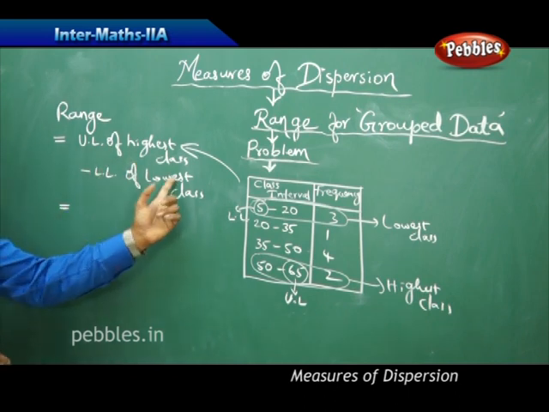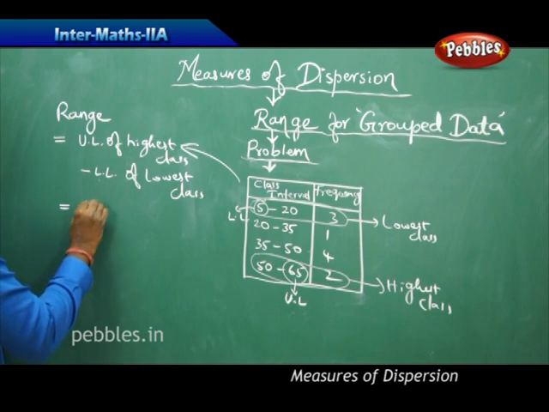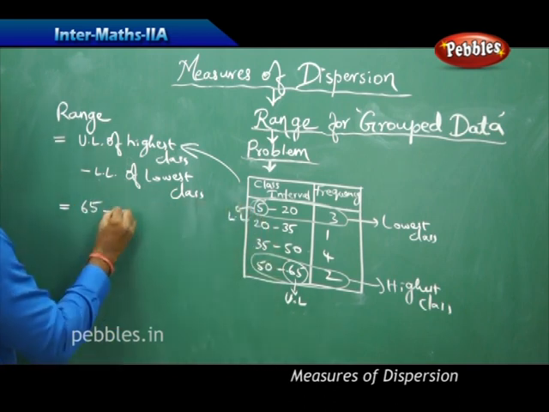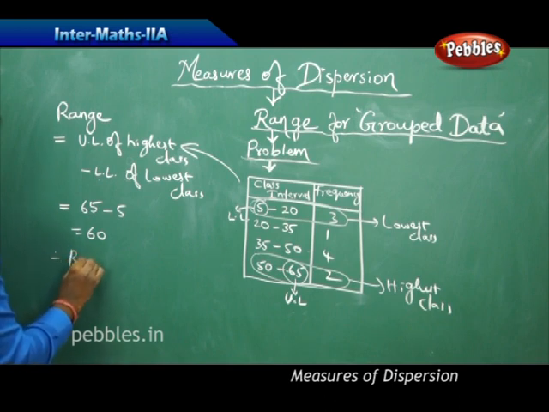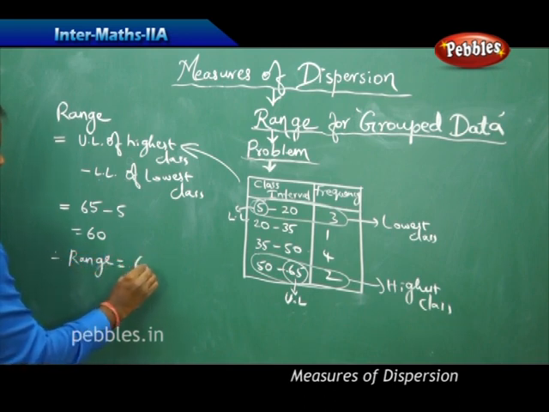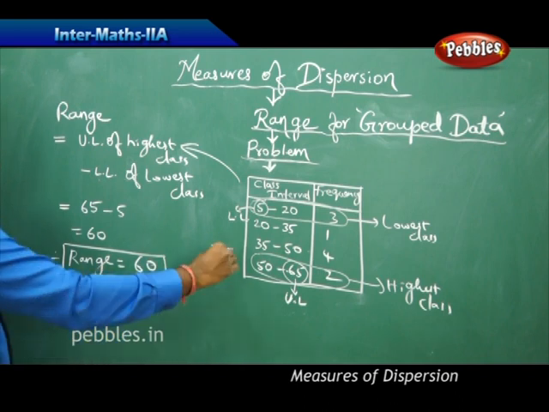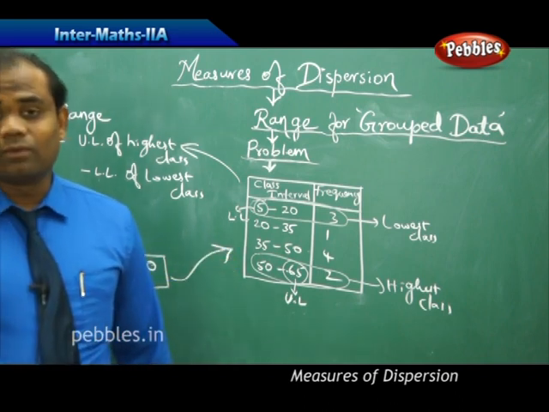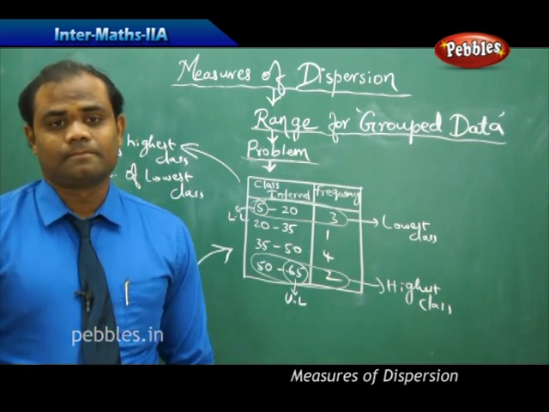Upper limit of the highest class minus lower limit of the lowest class gives me 65 minus 5, that is 60. Therefore, the range is 60 for this frequency table, which is how we understand the range for grouped data.